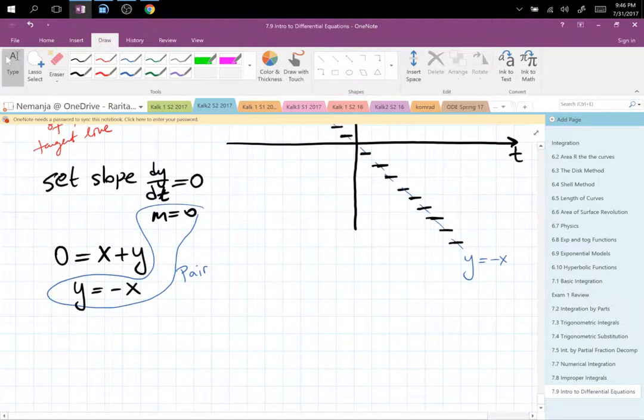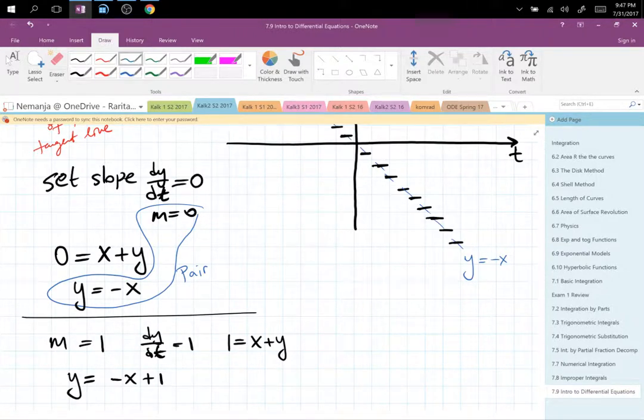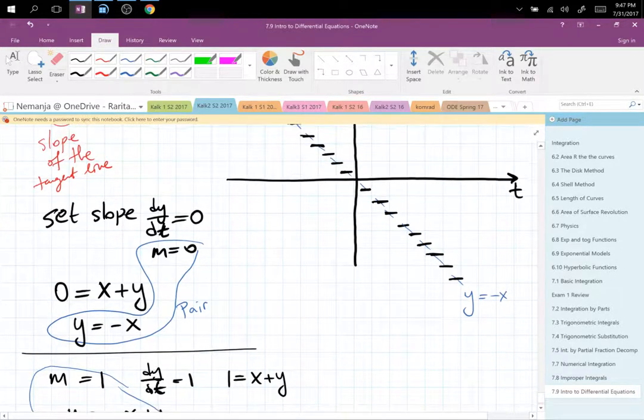Then I move on and I pick m to be 1, which means that dy dt, sorry, is 1. So that's 1 is equal to x plus y, from where y is equal to negative x plus 1. So I have this pair now. I graph my new line, isocline, and I put slope 1 all over it.